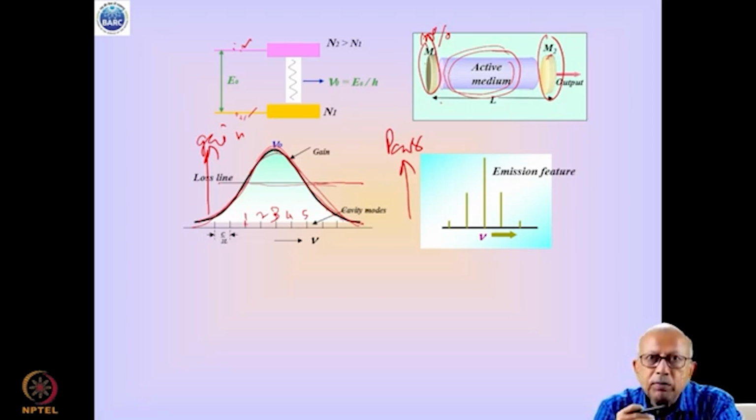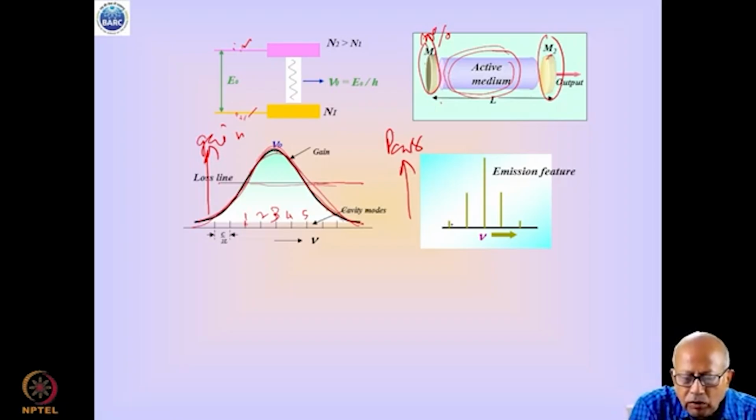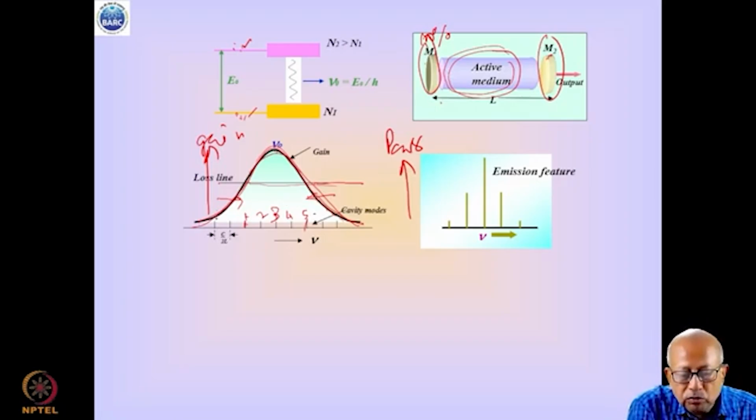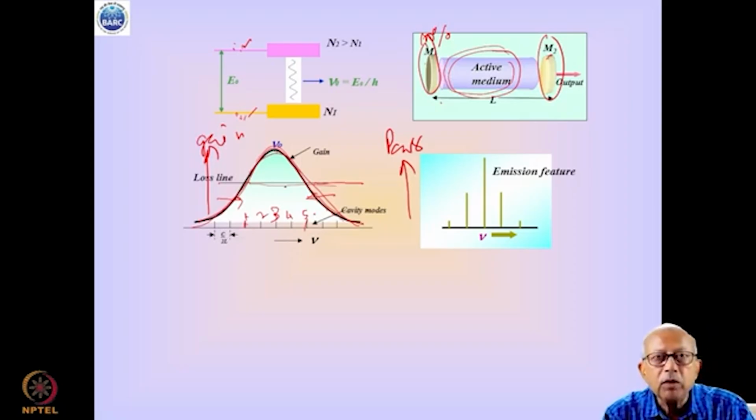using this medium, putting it inside a cavity, creating population inversion, the emission width of the laser is much narrower, because these 5 modes will only be lasing. Therefore, the monochromaticity, which is determined by the emission width, is better than that of a conventional source. The conventional source width is much larger.